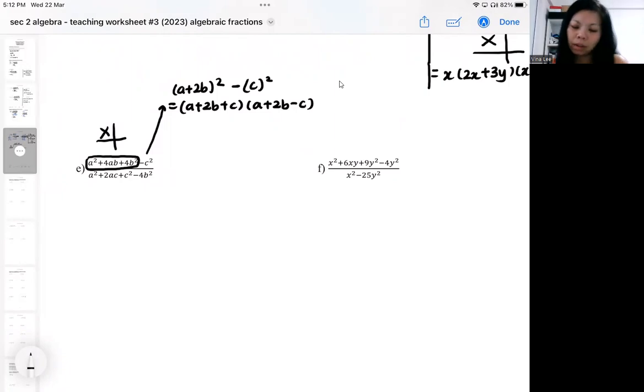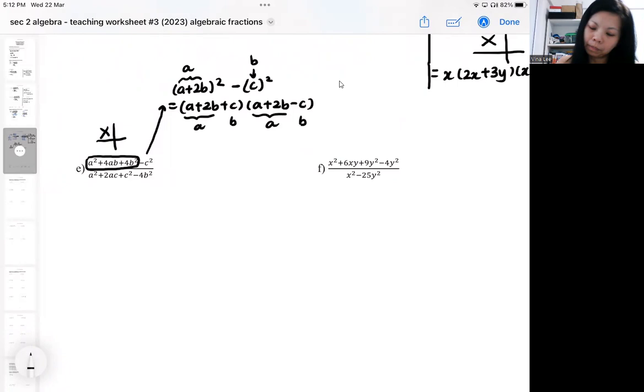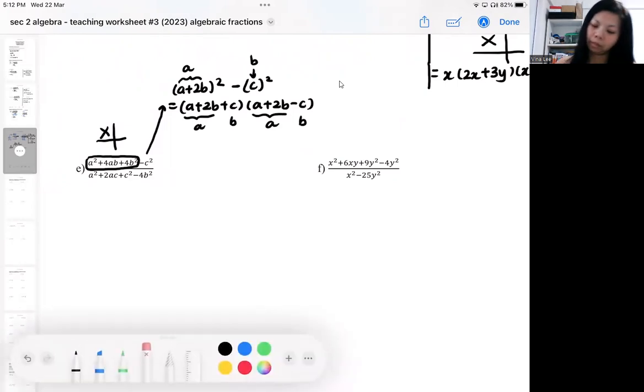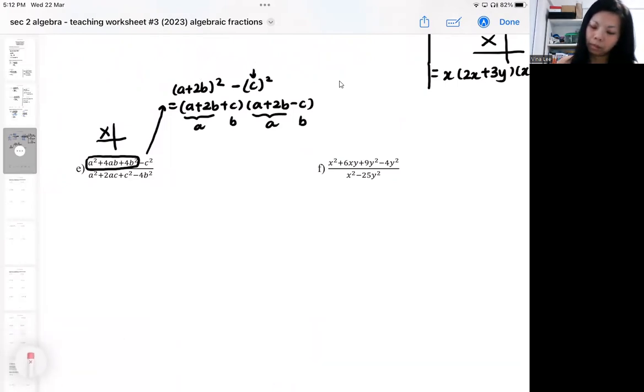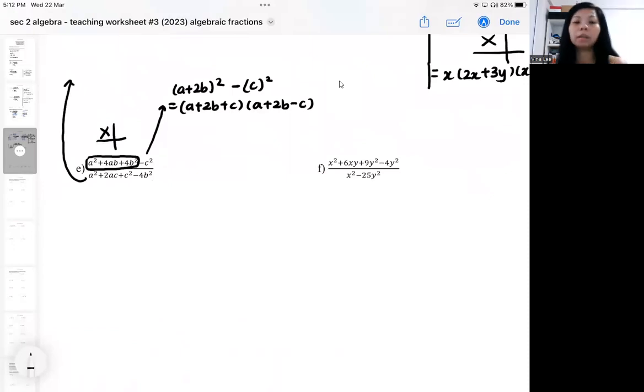I'm using the a plus b, a minus b method. This part is like a very big A, and this part is the B. So it's like A plus B, and then A minus B. Put simply, that is my numerator factorization. Now I'm going to show you the denominator factorization.